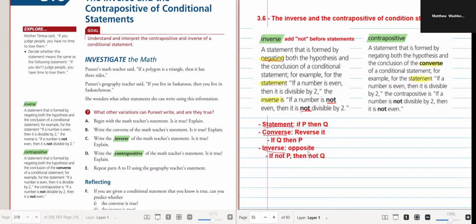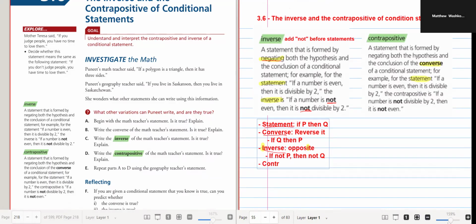How do I memorize this? This one has an I, this one has an I. It's really the only thing I can do to help you out with the difference between converse and inverse: look for the I's. Okay. Because where a lot of people are going to make a mistake here is you're just going to mess up the terminology and do the wrong thing.